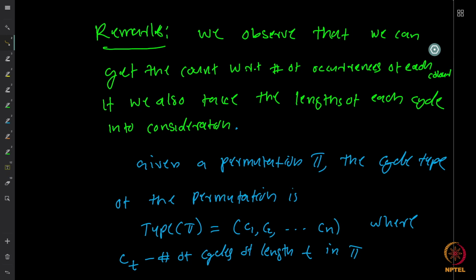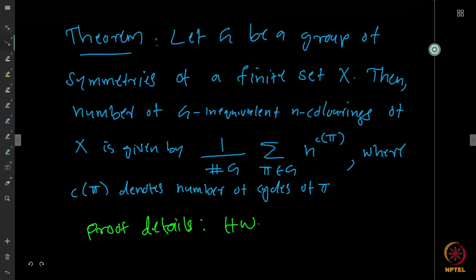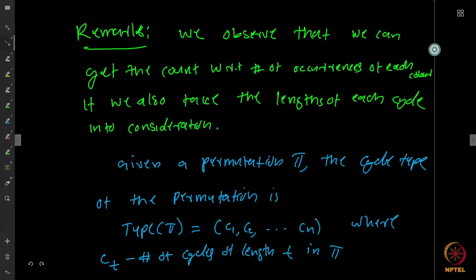This is something which we can do if you put into use the observation that we had in the previous result, that using the cycle structure of the permutations, we can count this. So if you include that also into the formula, then we should be able to clearly tell how many inequivalent colorings there are, where each color occurs a specified number of times, right?